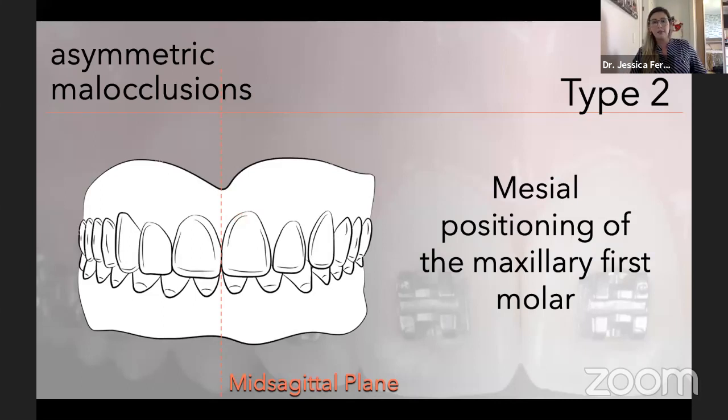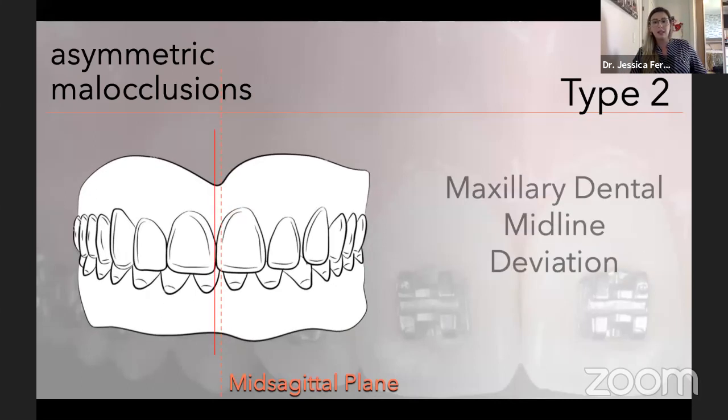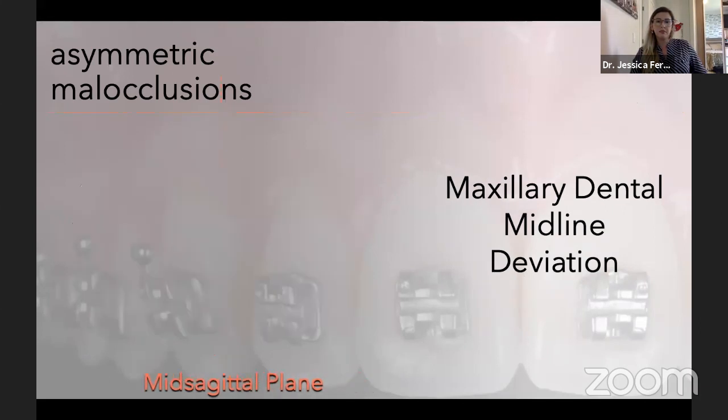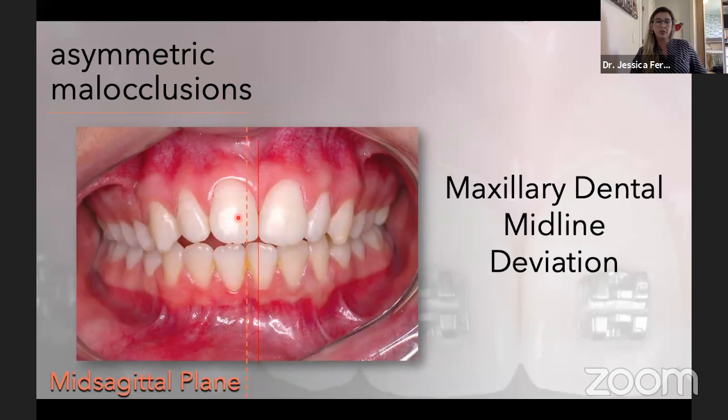However, in the type 2, it is the maxillary dental midline that deviates from the mid-sagittal plane. So we can see this patient has a coincidence of the mandibular dental midline with the mid-sagittal plane. However, because of her class 2 subdivision malocclusion, she has a maxillary dental midline deviation.